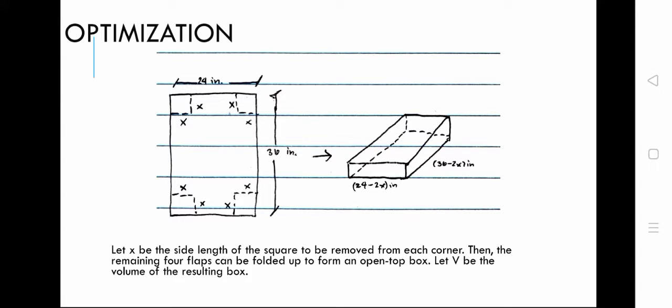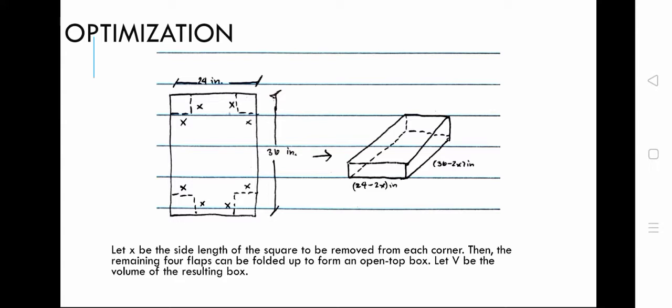So, let x be the side length of the square to be removed from each corner, and then the remaining 4 flaps can be folded up to form an open top box. So, kaya siya dito, x, binabawasan siya ng mga x inch sa gilid kasi nga daw, sabi sa problem, square cuts sa gilid para ma-fold natin.